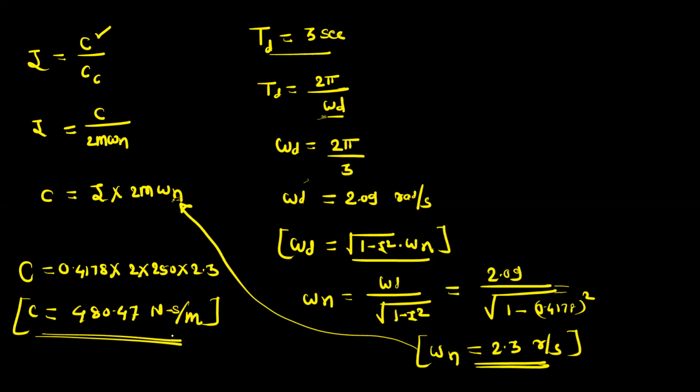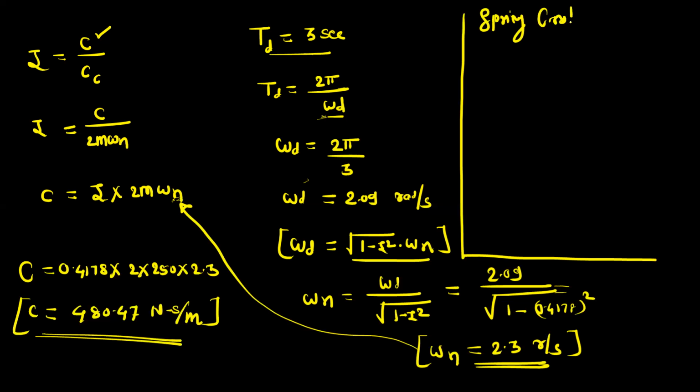Next we have to find out the spring constant, that is the K value. So you can use the formula omega n is equal to square root of K by m. The natural frequency for the damped vibration remains the same.